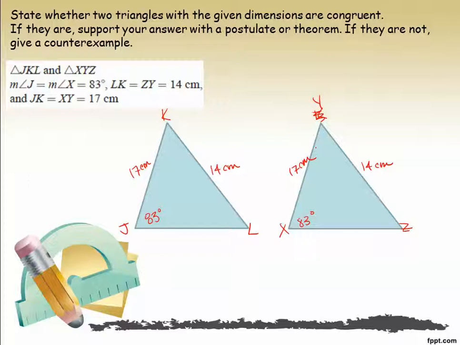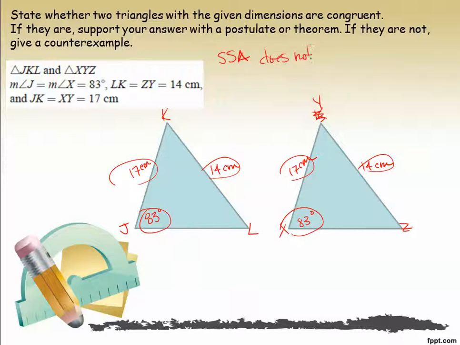So you look at the information you've been given, and you look at your triangles, and you've got a side, and an angle. Side, side, angle. That's what's corresponding. Side, side, angle, that we've learned in this lesson, does not prove congruence. So the answer here would be a big no, nada.